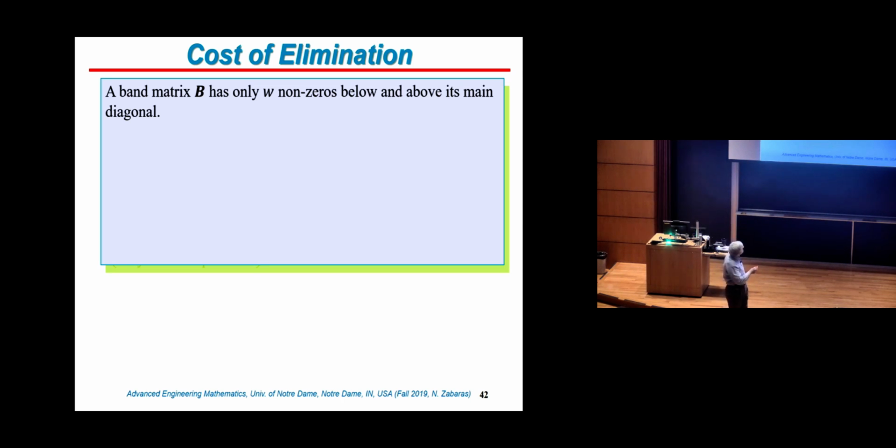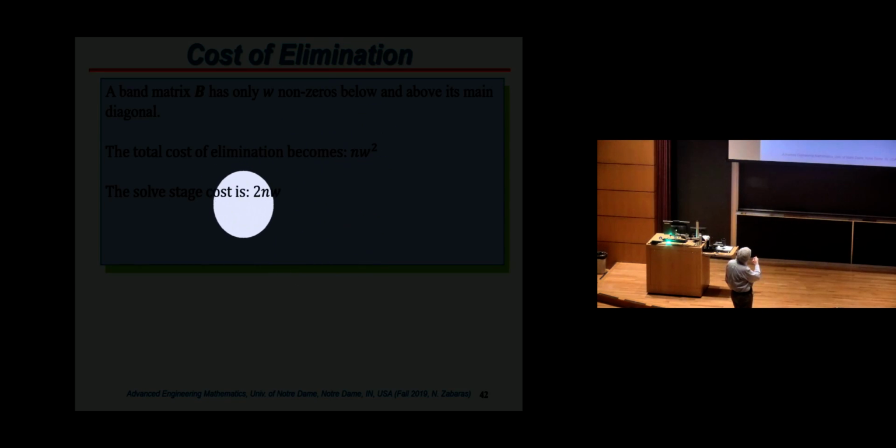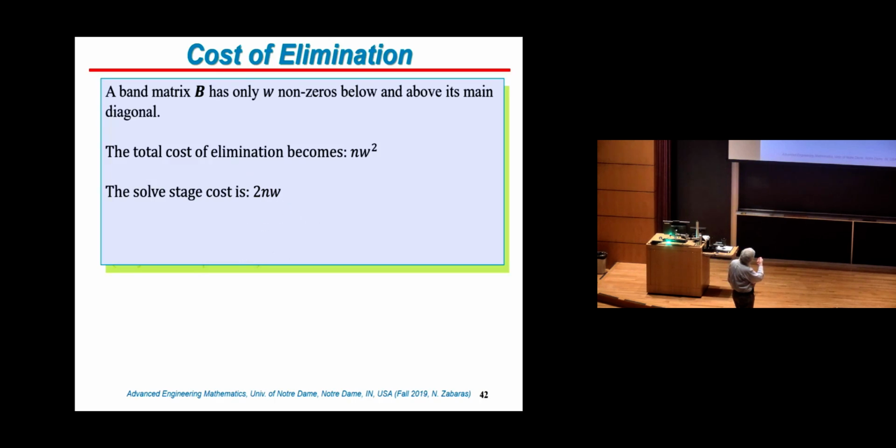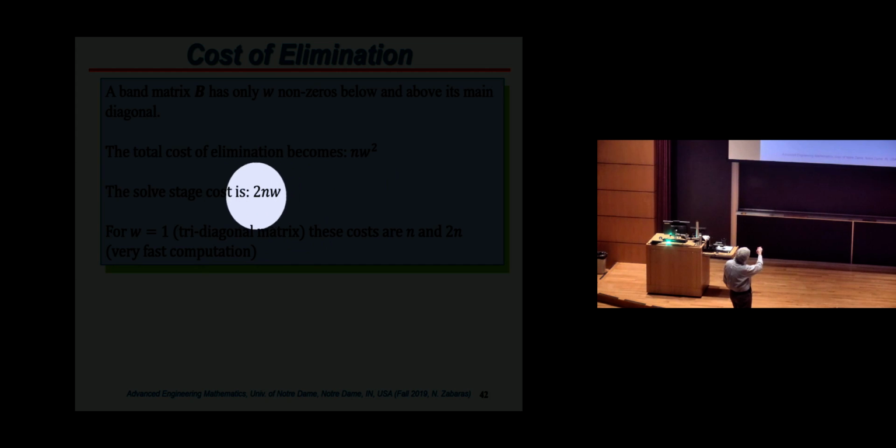So if you have a banded matrix with W non-zero elements below and above the diagonal, it comes out that the elimination cost drops down to n times W squared, and the forward and back substitution drops down to 2 times nW. So basically we went from n cubed and n squared to W squared and W type of cost.